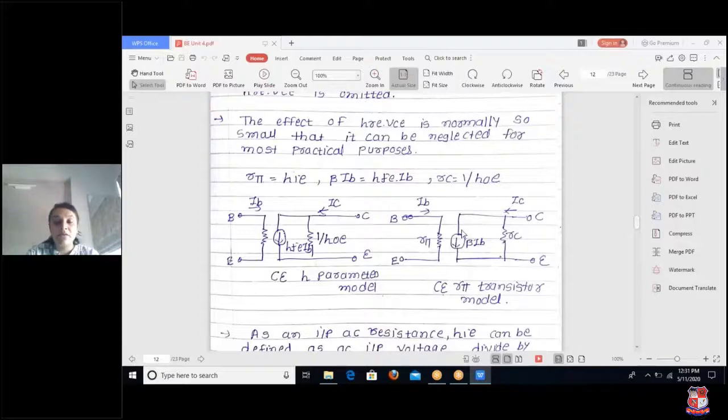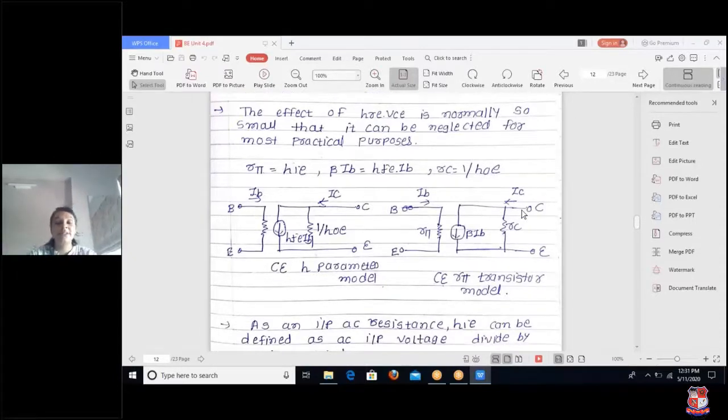For the output side, in our R pi model the source is beta IB and the output resistance is RC. The base current is your input current, and IC, the collector current, is your output current. These are the model of a CE R pi transistor model.